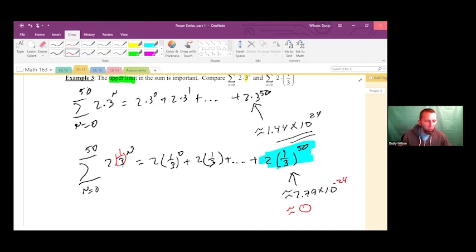And so we get kind of this impression that when this number is big, like 3, then this sum goes crazy. Big, like 3, implies crazy.